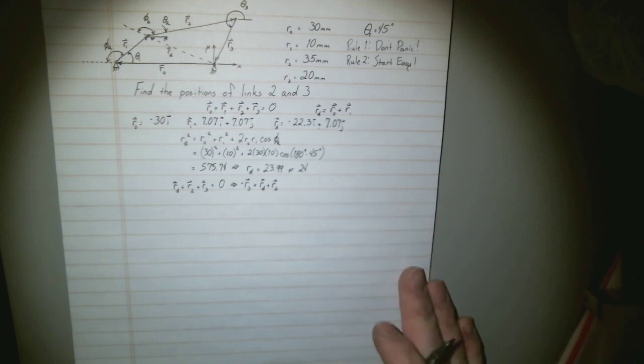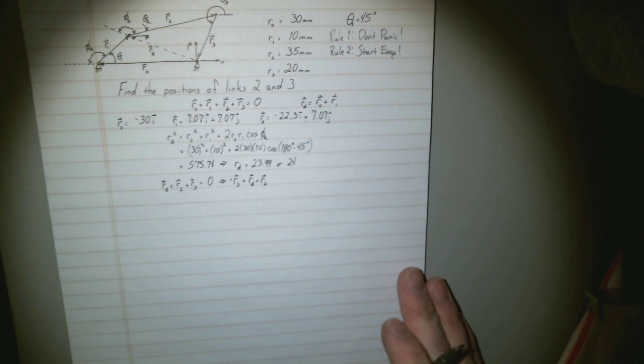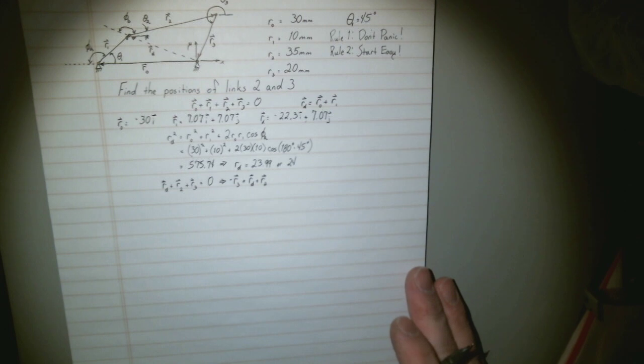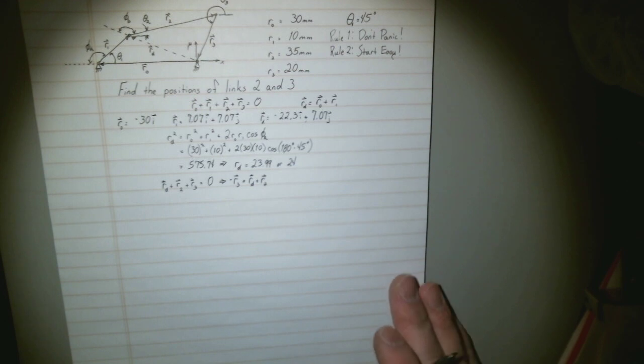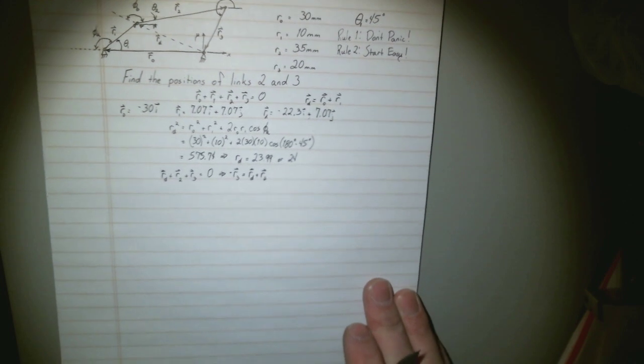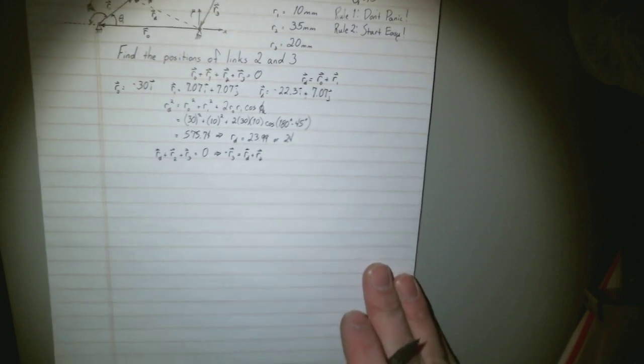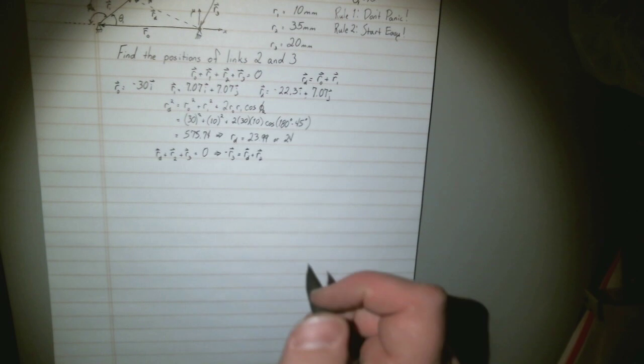Alright, now comes the magic, and this is what makes the dot product method, I believe, considerably easier than the vector analysis that we did in class last week using the cross product. What we're going to do is take the dot product of each side with itself.